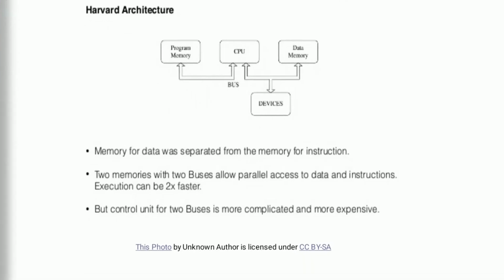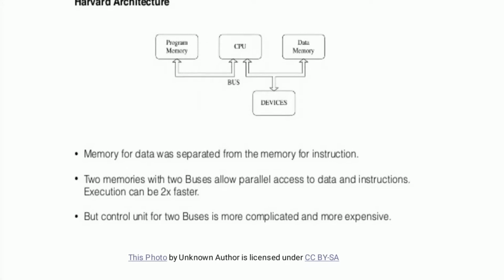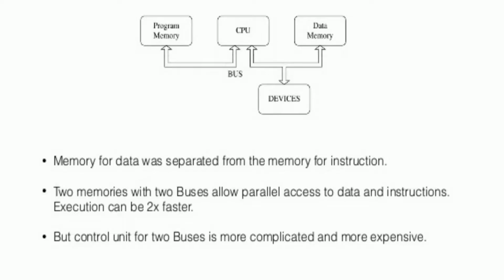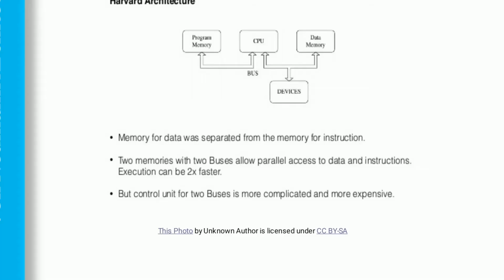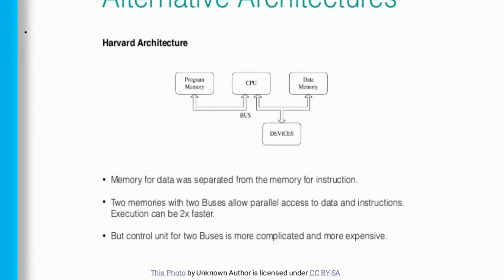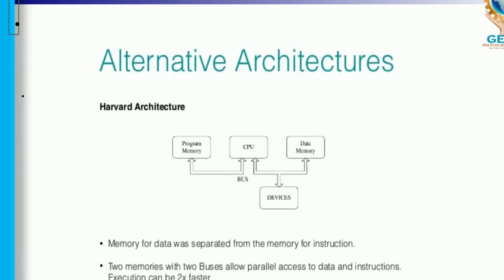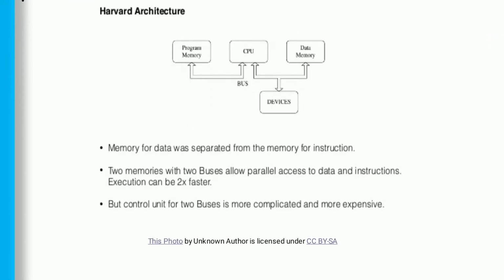So I want to show one more architecture. This is not that familiar, but I want to show the Harvard architecture. Harvard architecture is also used in computers, but it is not as popular as Von Neumann architecture. This is another example of computer architecture.